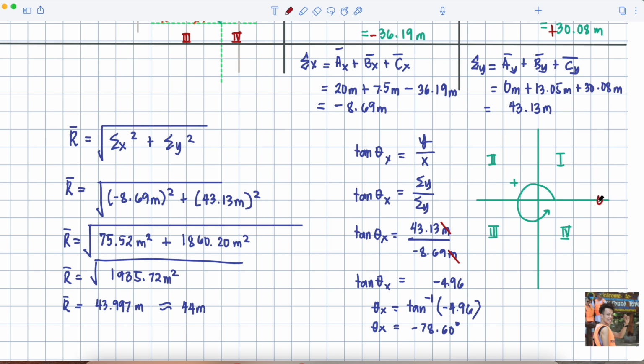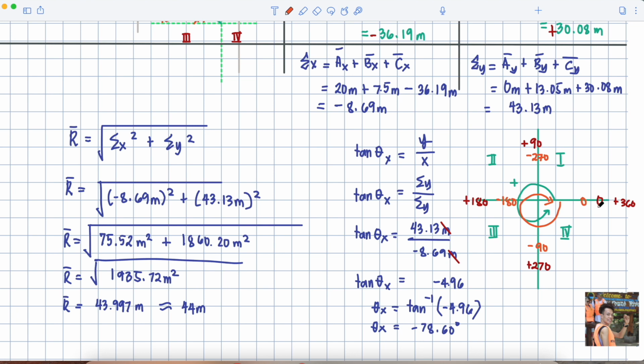So this is 0, positive 90, positive 180, positive 270, and positive 360 degrees. Starting from quadrant 1 and rotating clockwise, then the measurement of the angle is negative. So this is 0, negative 90, negative 180, negative 270, and negative 360.